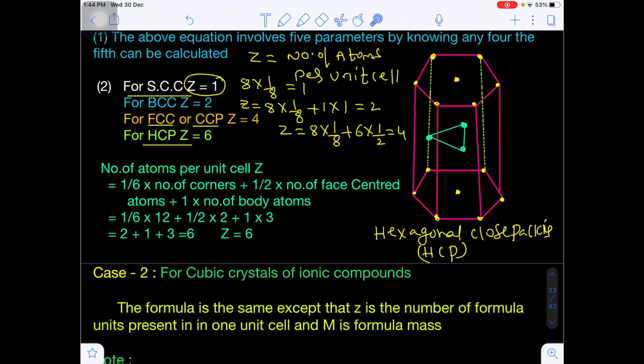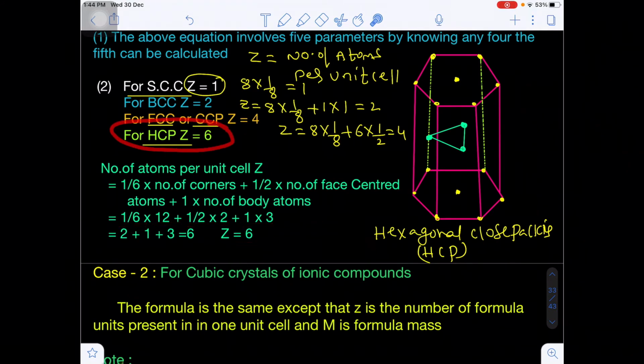We know the contribution of a face center is 1 by 2 multiplied by the number of face centered atoms, plus 1 into the number of body atoms. Here there are 3 atoms present inside the body. So 1 by 6 into the number of corners, 12, plus 1 by 2 into the number of face centers, 2, plus 1 into the number of body atoms, 3. So the total value is Z equal to 6.